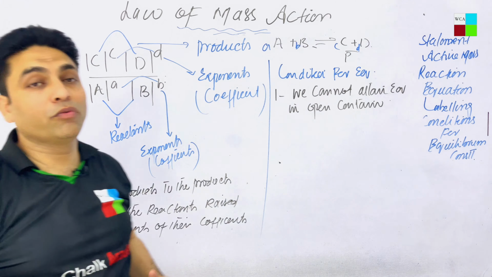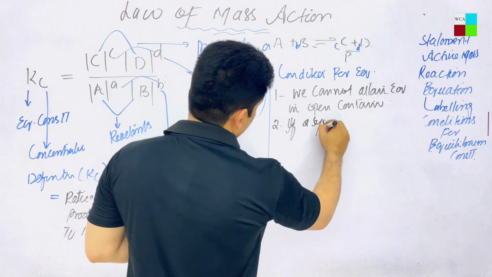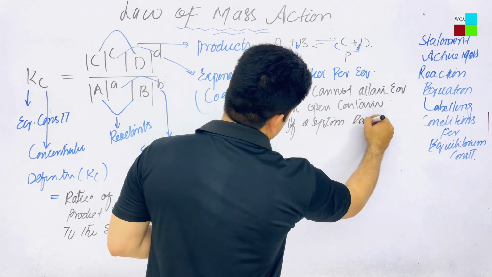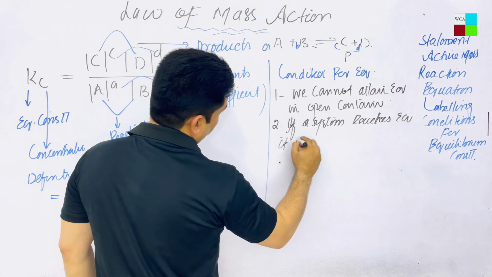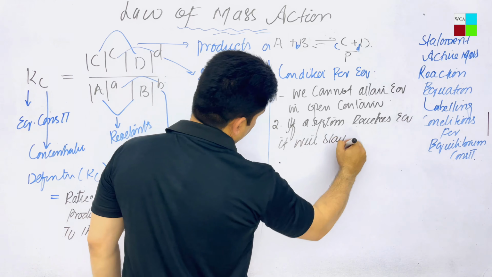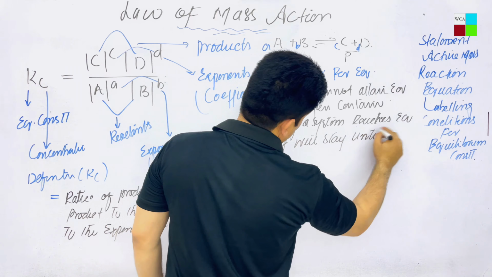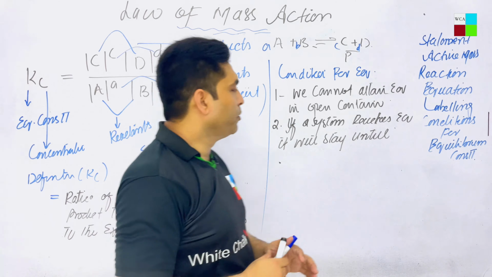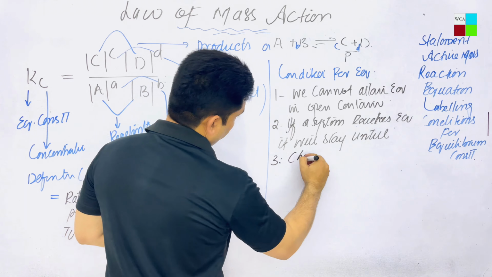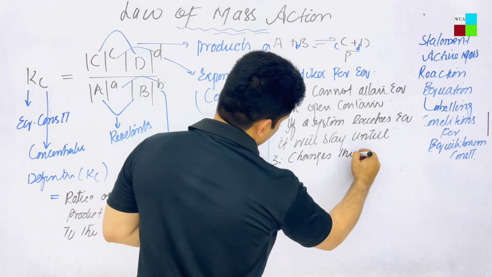The second one, if a system reaches equilibrium, it will stay there until. So until what? If an equilibrium is established between the two species, it will remain in equilibrium until one changes the condition.